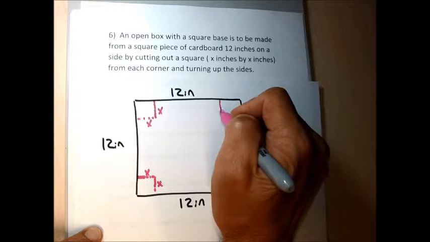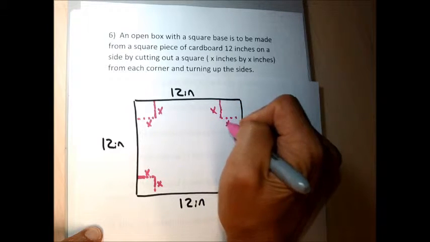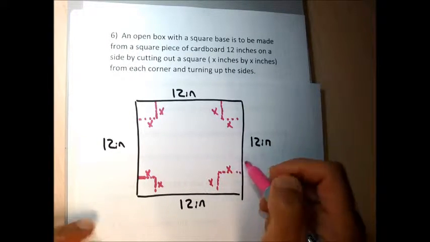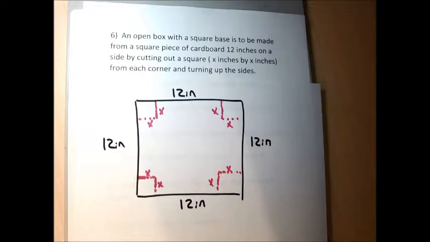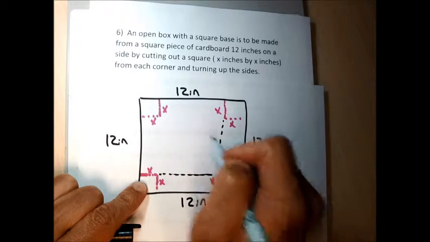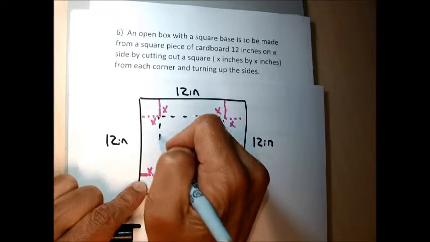We take those and cut them out and throw them away, then I can fold this up along this line, fold it up along this line, fold it up along this line, and fold it up along this line.